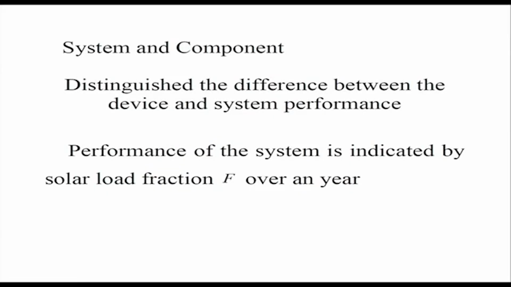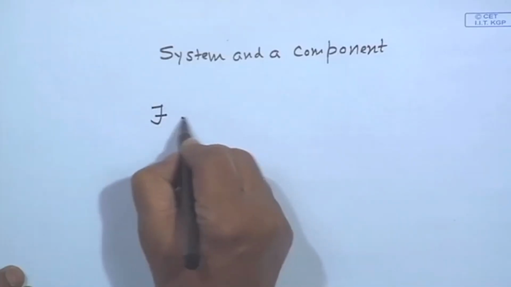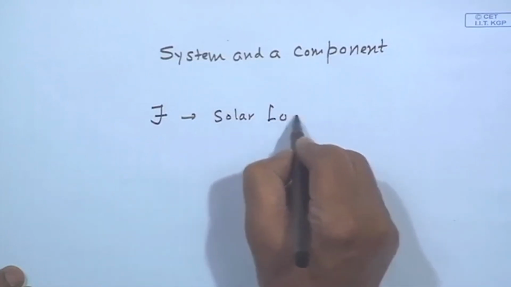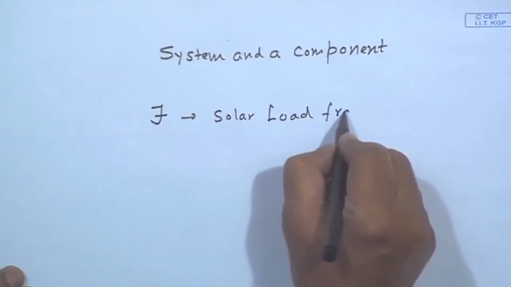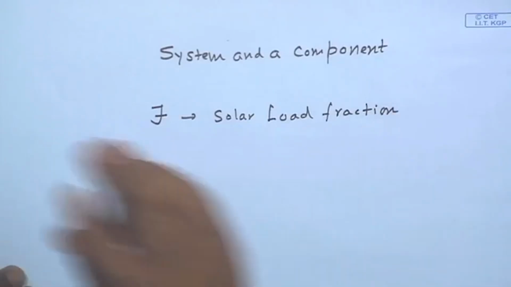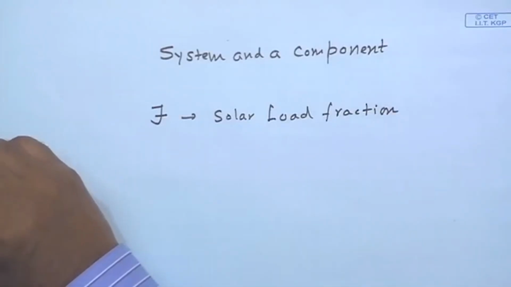So unlike the conventional efficiency for a conventional energy system, we indicate the performance by the solar load fraction F. It is the fraction of the load on the solar energy system that is met by solar energy.